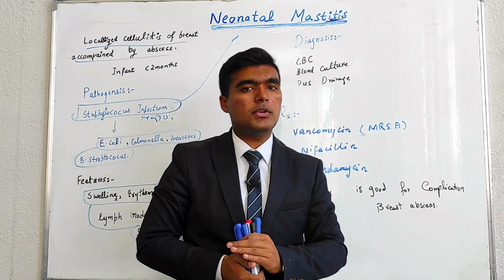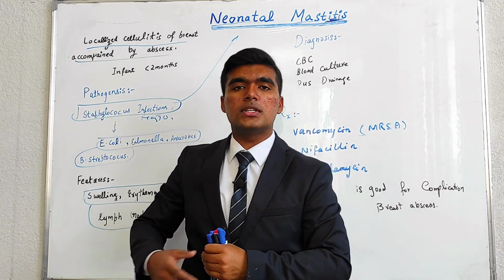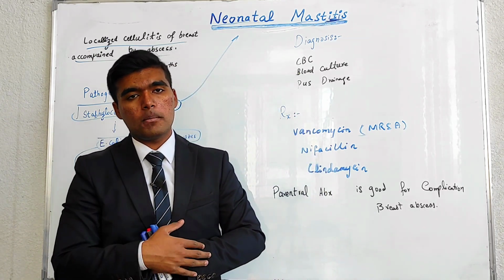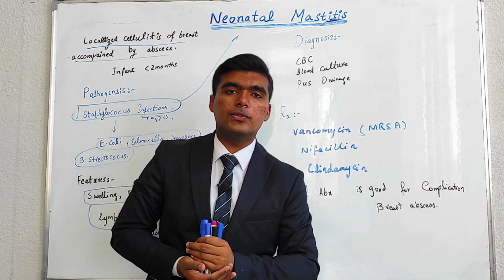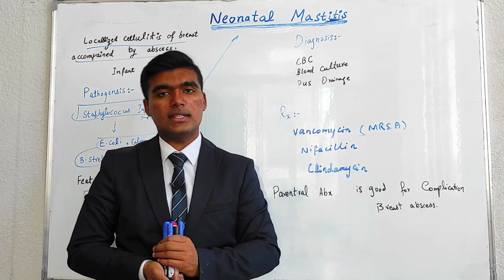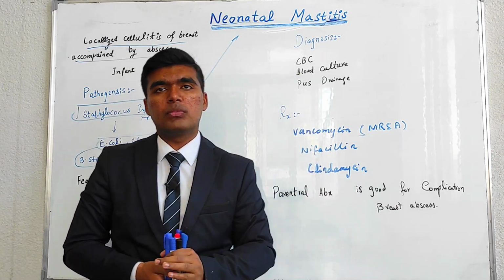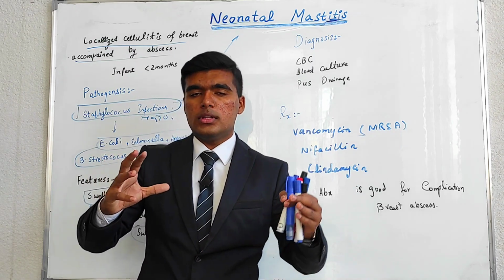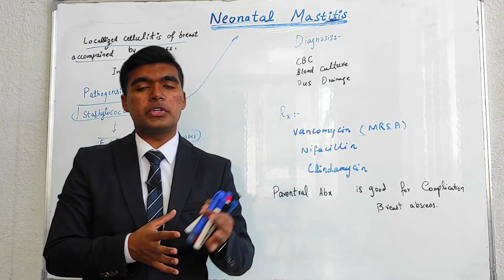Treatment: after we do the diagnostic tests and see the clinical features, we move towards treatment. That includes vancomycin, first line in case of MRSA, methicillin-resistant Staphylococcus aureus, nafcillin, and clindamycin. These antibiotics are basically of main importance to treat mastitis.